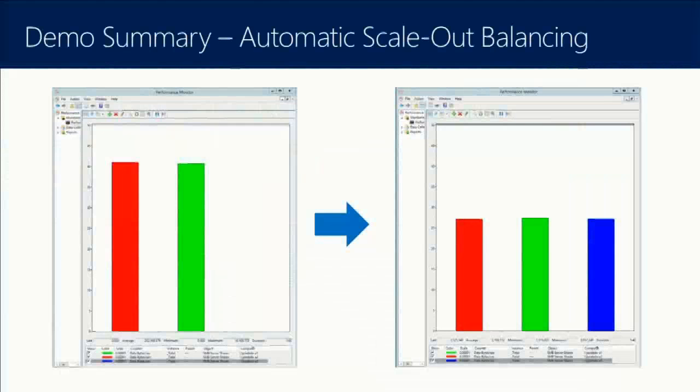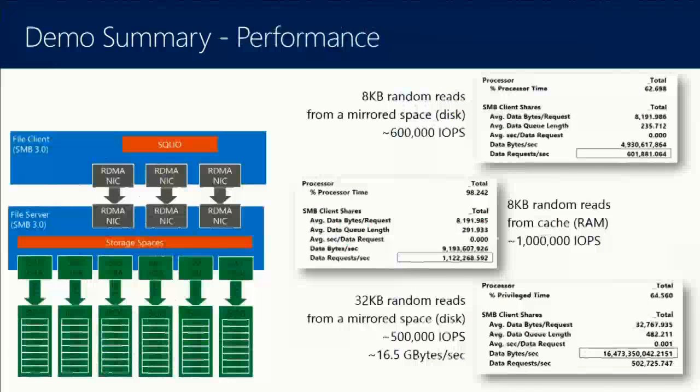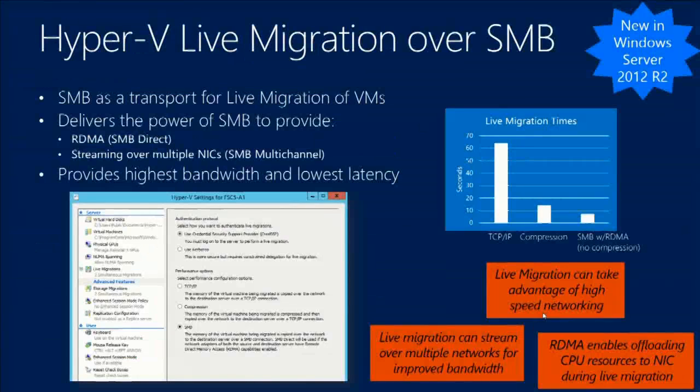So a little bit of my demo summary. We went from 2 nodes to 3 nodes. The numbers in terms of performance: 8K reads from disk, 8K reads from cache, and 32K reads from disk. I went a little ahead of myself and talked about live migration over SMB already.